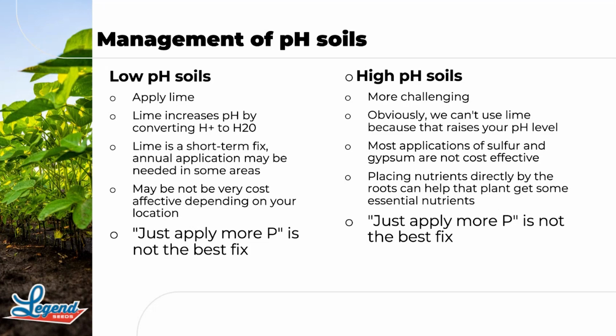What lime does is it increases the pH by converting the H, the hydrogen, to H2O, which allows that pH to rise. The thing with lime is that it is a short-term fix. This is not something that one application is going to correct for the long term.